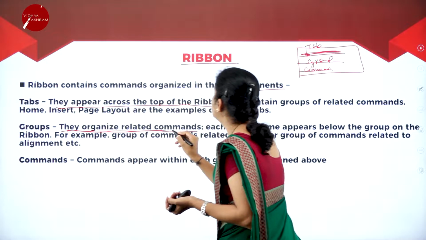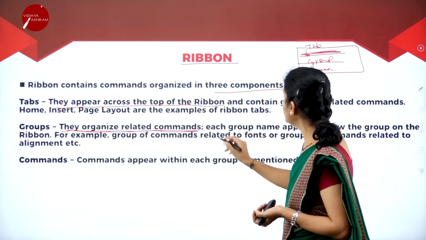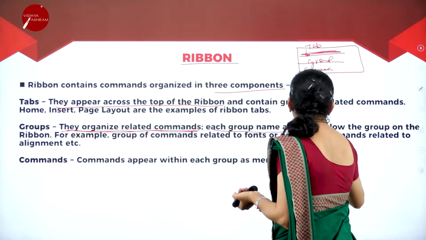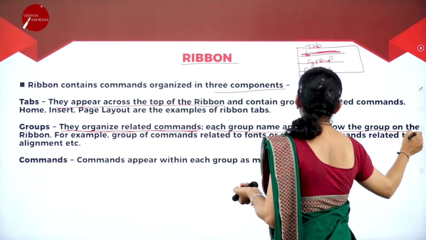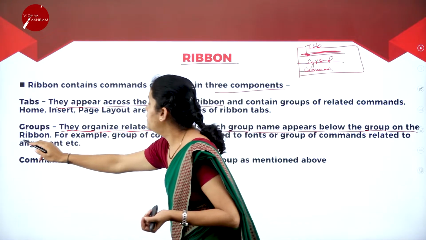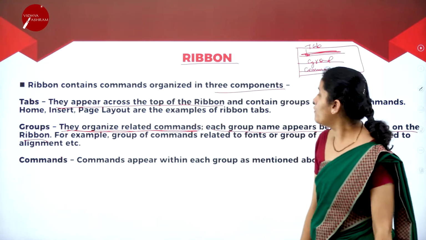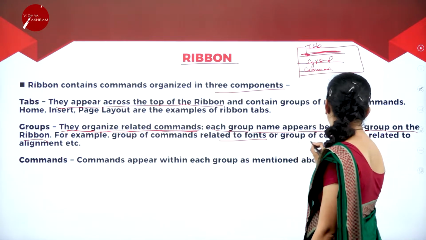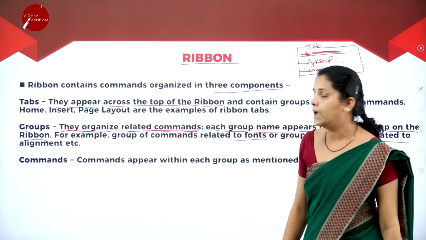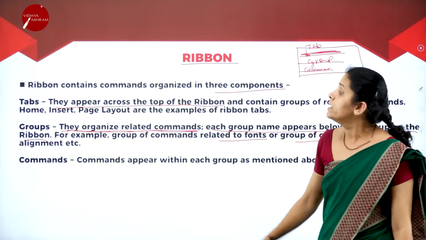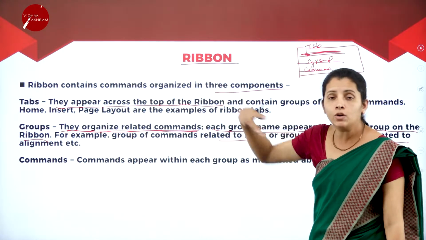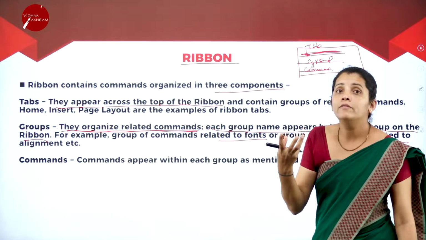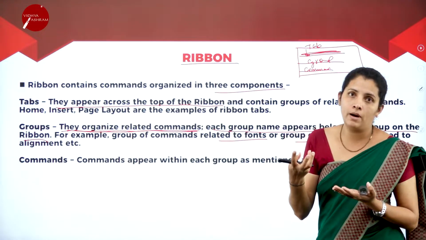They organize related commands. Each group name appears below the group on the ribbon. For example, a group of commands related to font or a group of commands related to alignment. So if I consider a group, under the group I'm going to have the collection of commands.